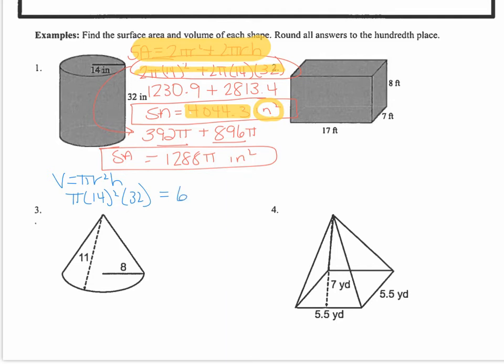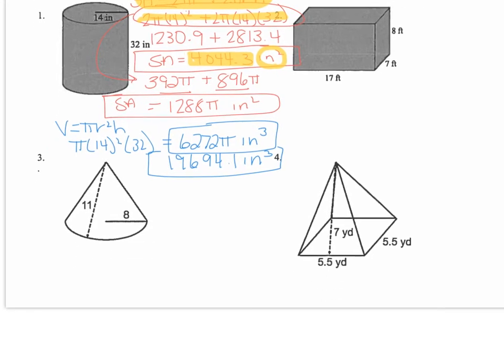So I could do 6,272 pi inches cubed, or I can times that by pi, and I get 19,694.1 inches cubed. So either of these answers are acceptable. It doesn't tell you how to write your answer, which is why I'm showing you both.